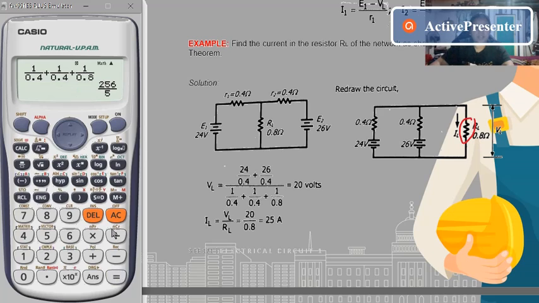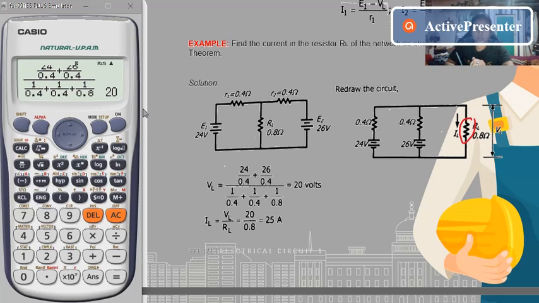So our VL will be, oh, there was a mistake, it is 0.1. So our VL will be 20 volts.